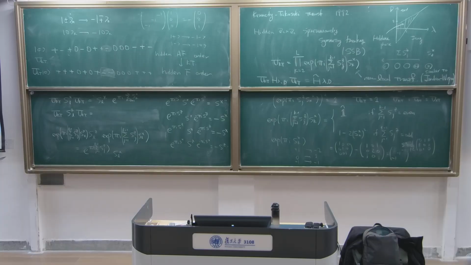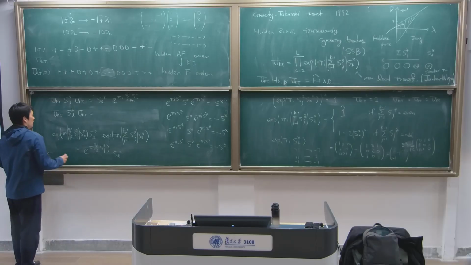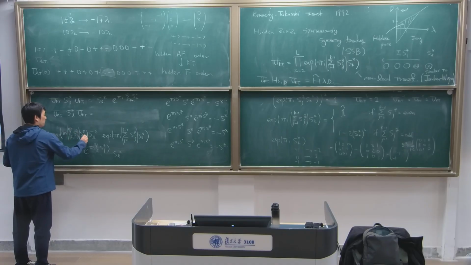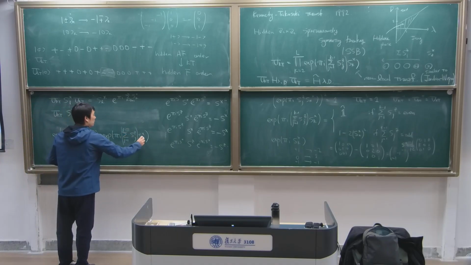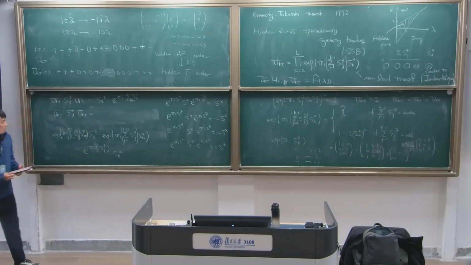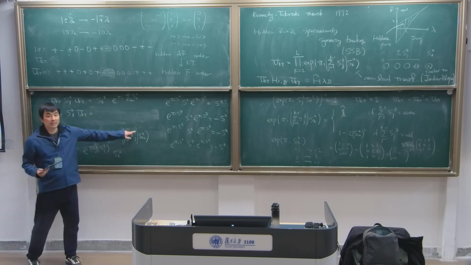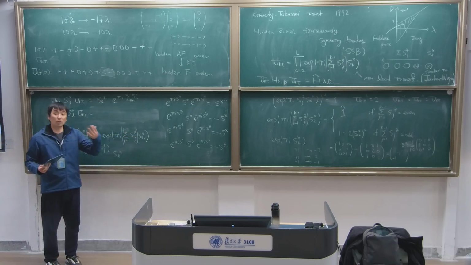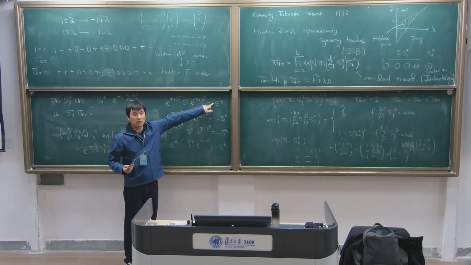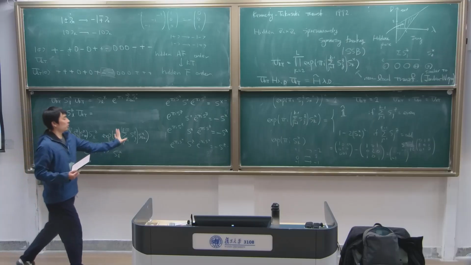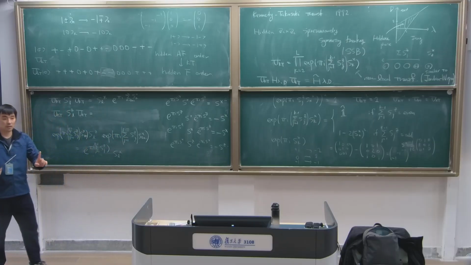Now, if you increase the number by 1, now the commutation relation part is SDL, SDL, and SDL. This is always plus 1. Therefore, you just bring this one into here and you get a 1.